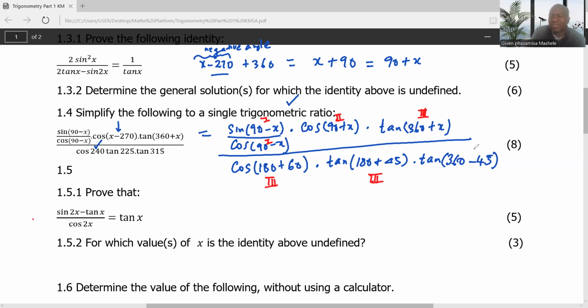Sorry, 360 minus is in the fourth quadrant. Remember here, when we are dealing with 225, someone might use 270 minus, still fine. But to avoid co-functions, the best way is to use that.